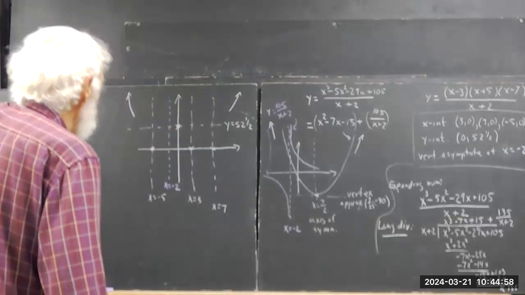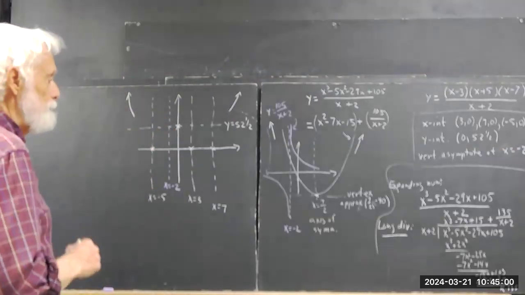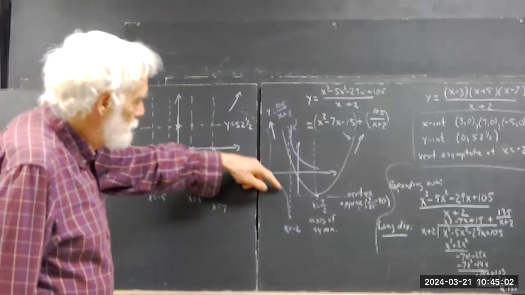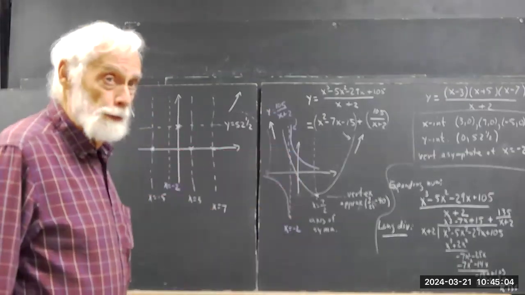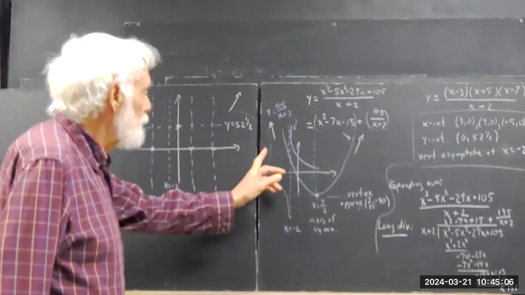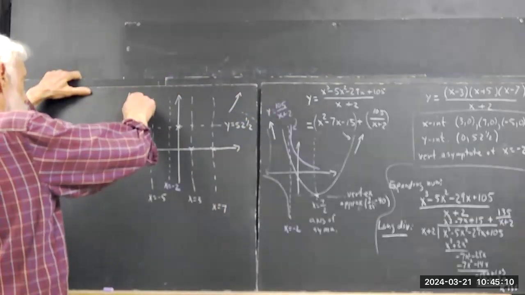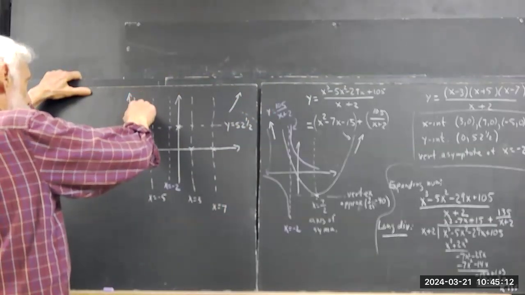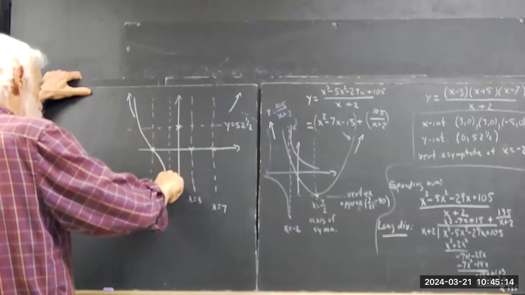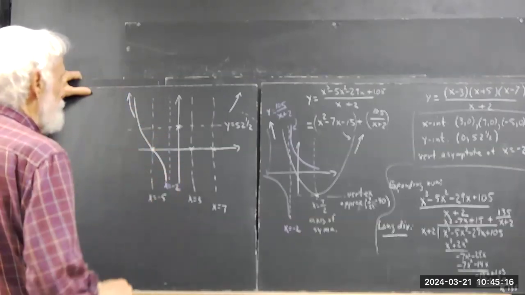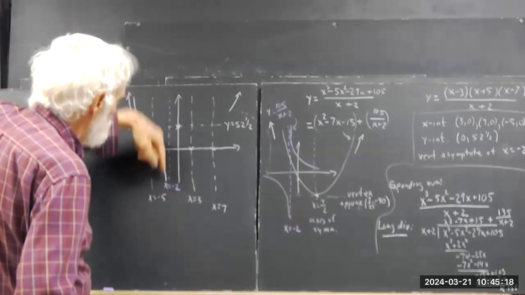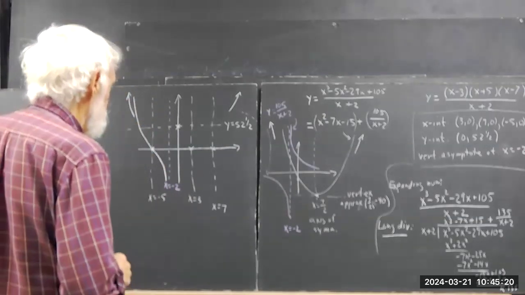Okay, so now what we get is our asymptote's going to look like this. Okay. But to the far left, we got to be way up. So we come down from way up here. And we go through the 0 and then we approach our vertical asymptote here.